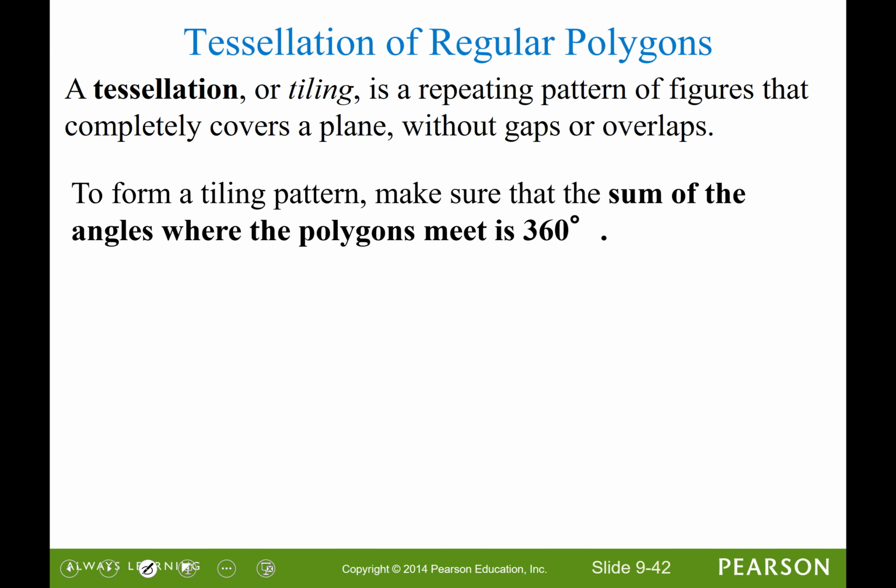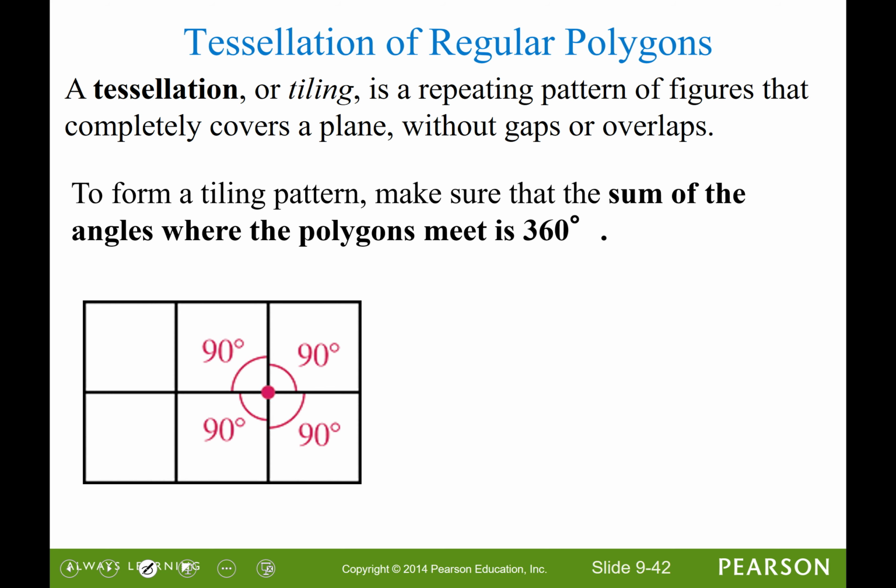To form a tiling pattern, make sure the sum of the angles where the polygons meet is 360 degrees. So if you are using, let's say, square tiles to tile your kitchen floor, like these ones here, then the sum of the angles where the polygons meet, so this is where, right there, is where the polygons meet, 4 of them.